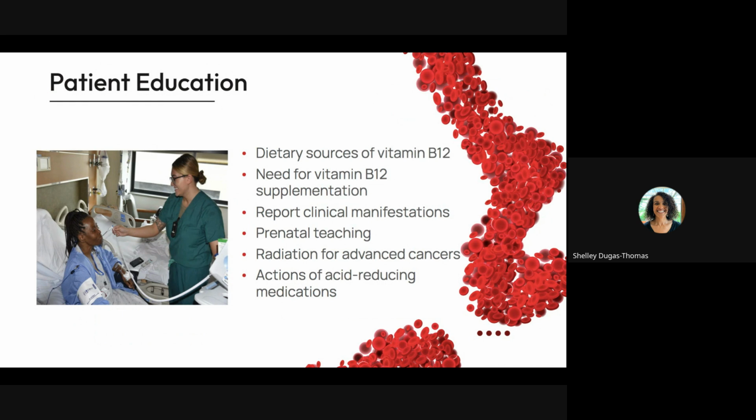Radiation for advanced cancers may increase the need for vitamin B12 supplements. Acid reducing medications may also cause B12 deficiency, because they decrease the function of the parietal cells in the stomach, which produce intrinsic factor.